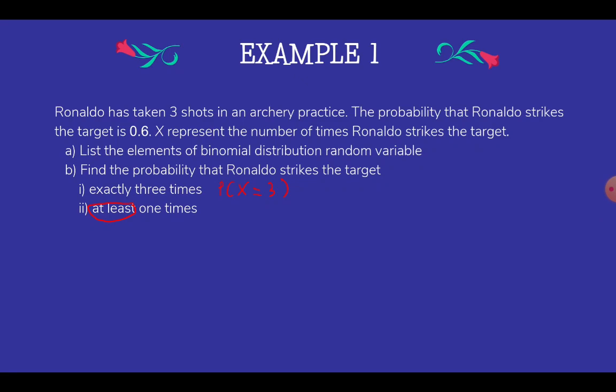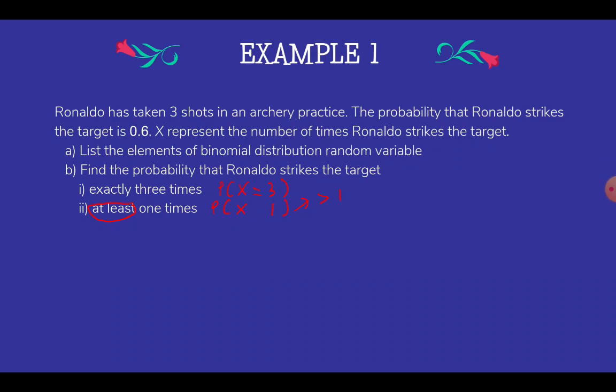Must the number be greater than a certain number or less than a certain number? Let's say at least 1 time. It involves inequalities. Should it be greater than 1 or less than 1? Sekurang-kurangnya. Of course, it should lead to a number greater than 1.